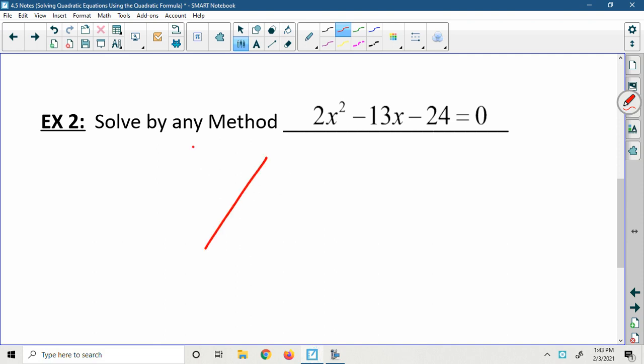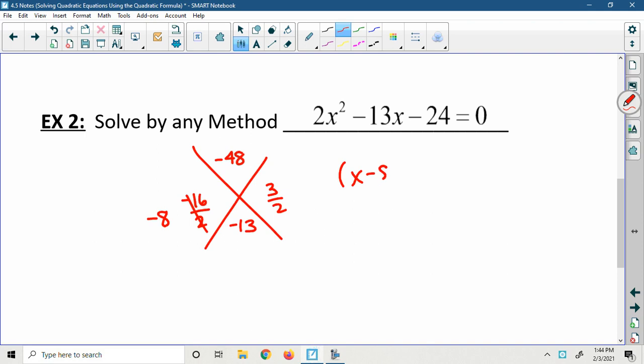I think on the board in class I showed the factoring method. Going for the x method. What multiplies to be negative 48 and adds to be negative 13? I think it's negative 16 and positive 3. Divide both of those by 2. So negative 8.